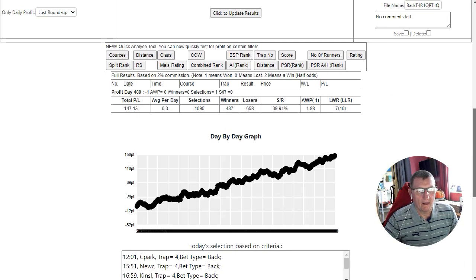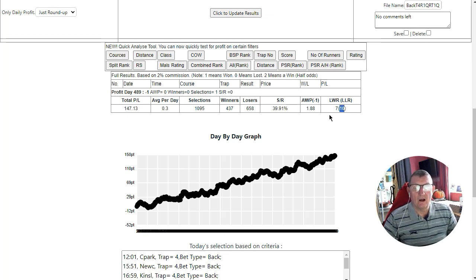So it's producing about 30% of your stake per day. As I said, it's had that many selections. It's got a strike rate of 39.91%, which is above the normal strike rate of favourites. Longest losing run of 10, and longest winning run of 7.